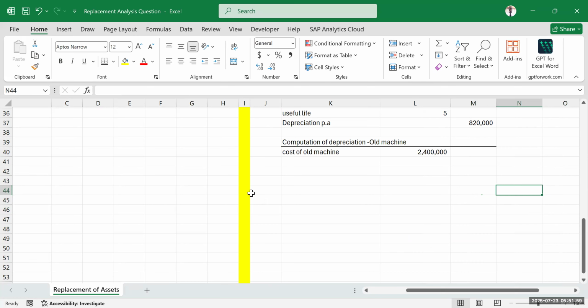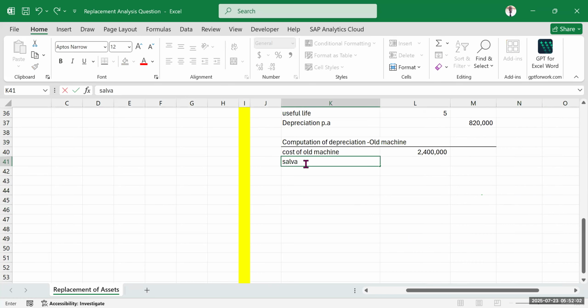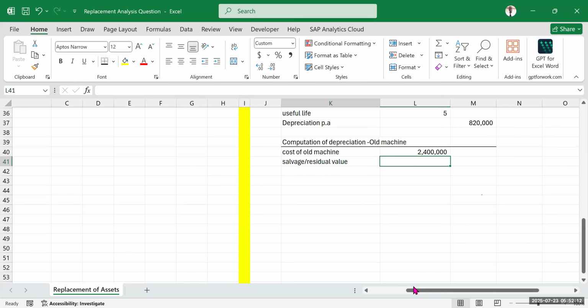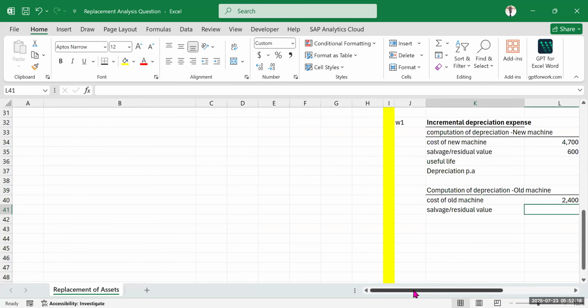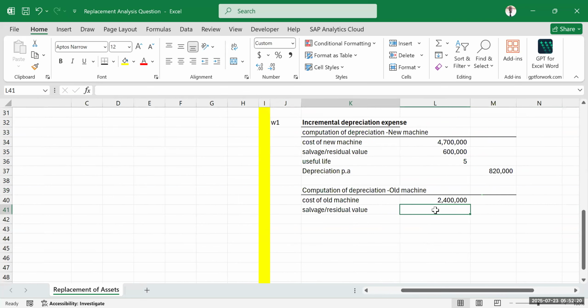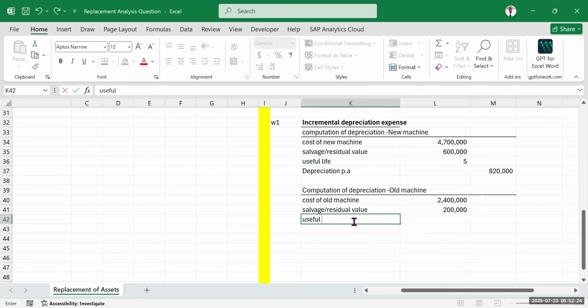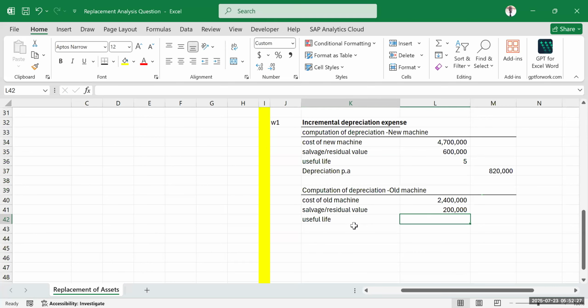Then we also have its salvage value or disposal value or residual, let's call it residual. So the residual value of that old machine, how much was it? Let me check again. It is 200 and the useful life is also 5. So we bring on board the 200 and the useful life is also 5 years.